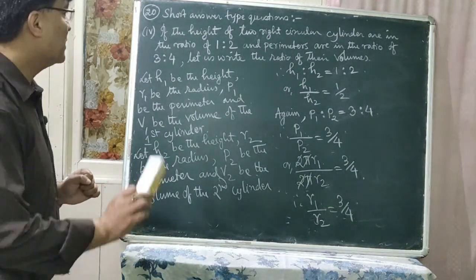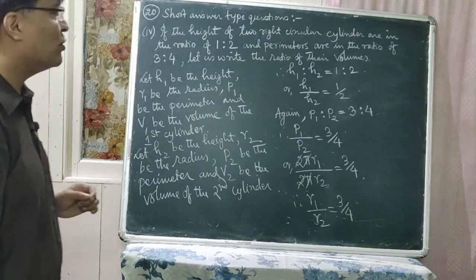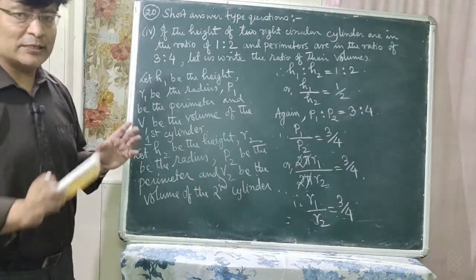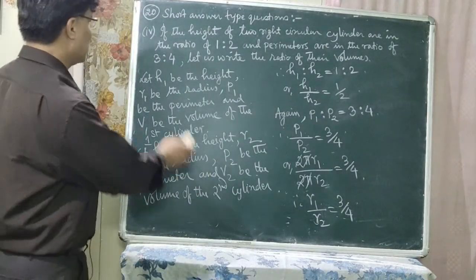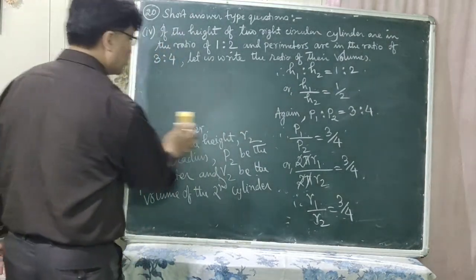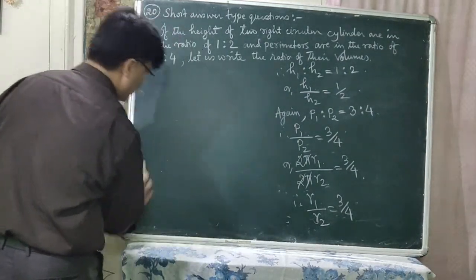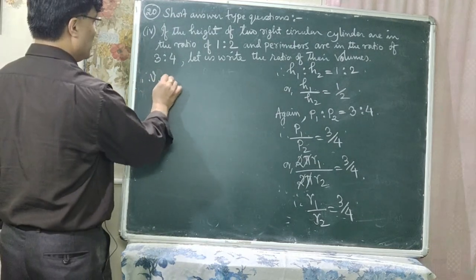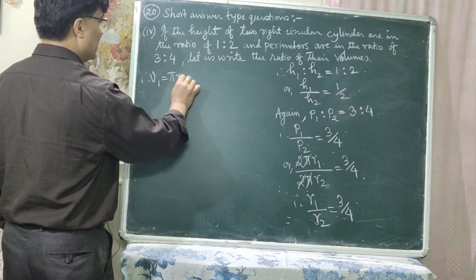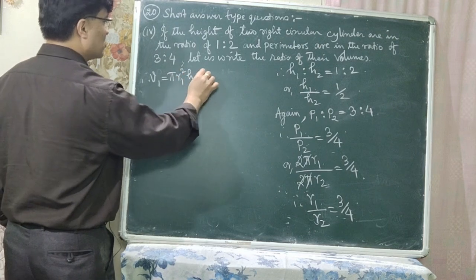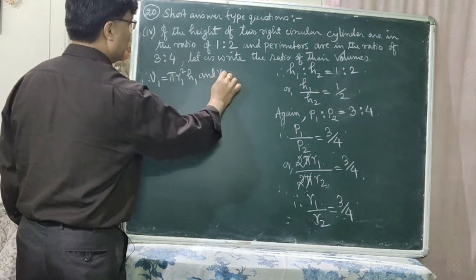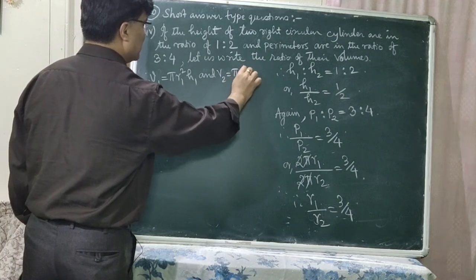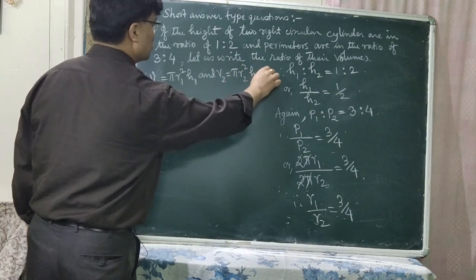Next, you have to find the ratio of their volumes, that is V1 is to V2. What is the formula for V1? V1 is equal to pi r1 square h1. And V2 is pi r2 square h2.